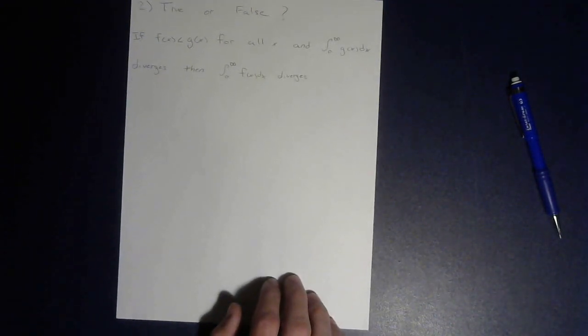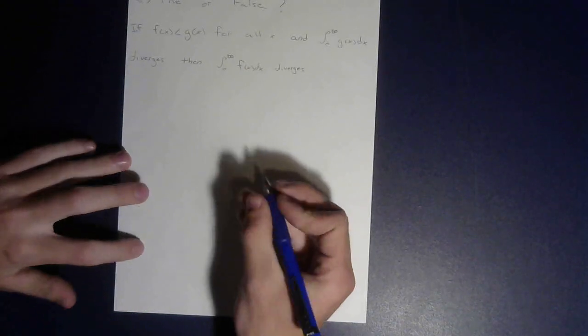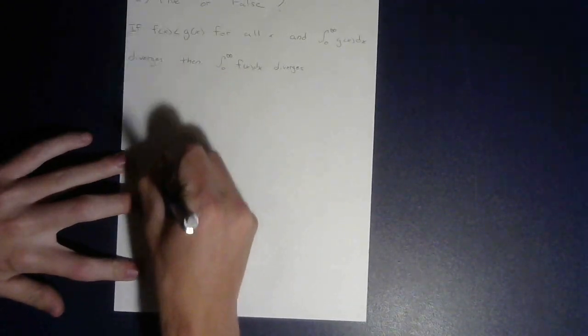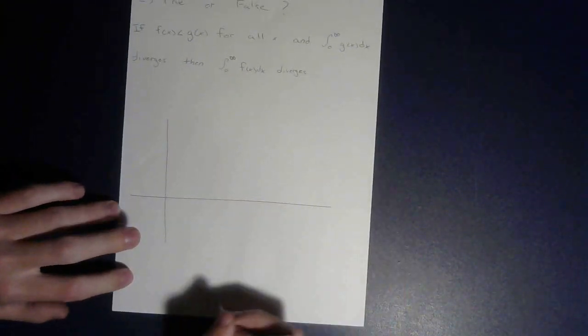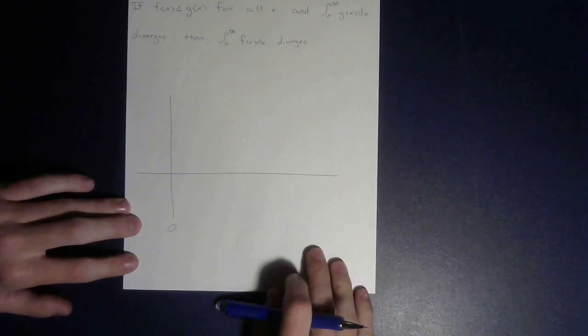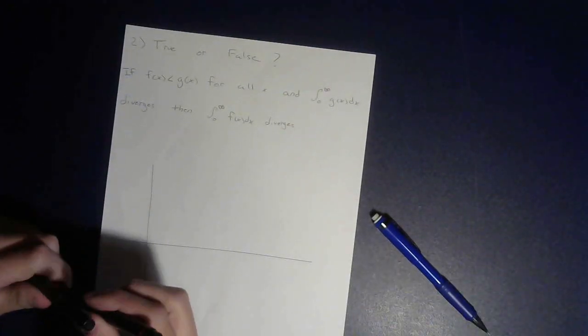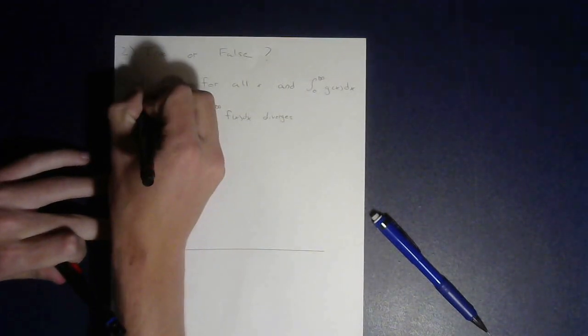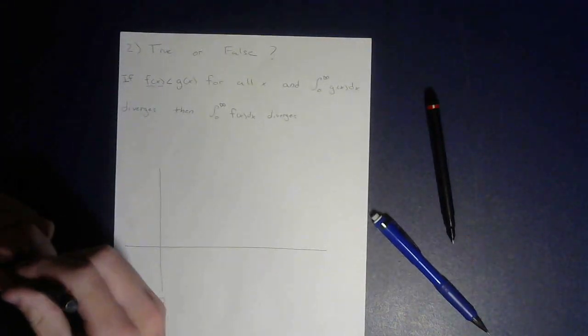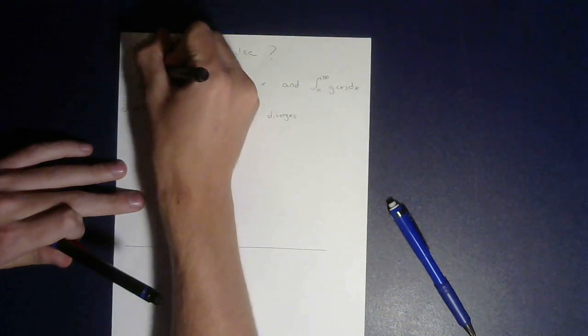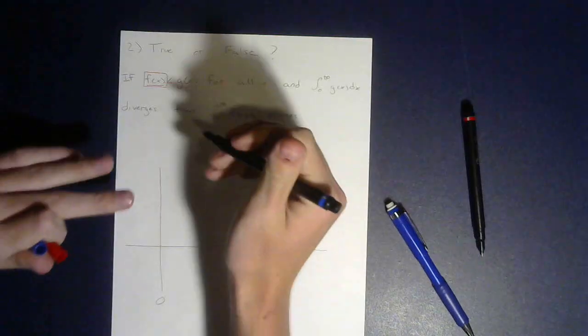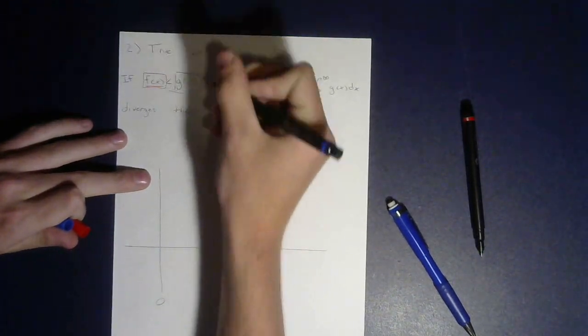So to do this, I'm going to draw a quick graph just to make it a little easier to understand. I'm also going to color code this a little bit. We're going to say f of x is red. So that's a little difficult to see, isn't it? And g of x is going to be blue.